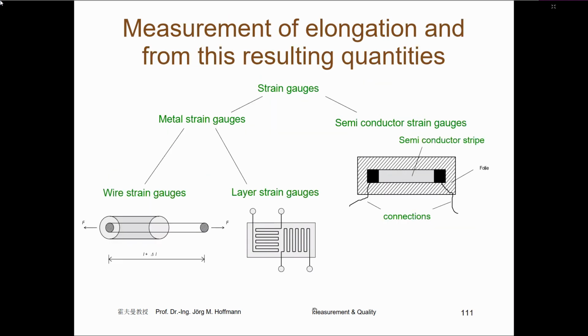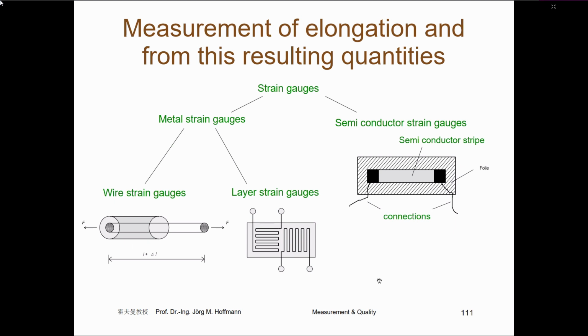Okay, then we come to strain gauges. Strain gauges are very important in mechanical engineering, especially. And with strain gauges, you can measure the stress of a material, but most of the applications measure some other things like the mass, for example.